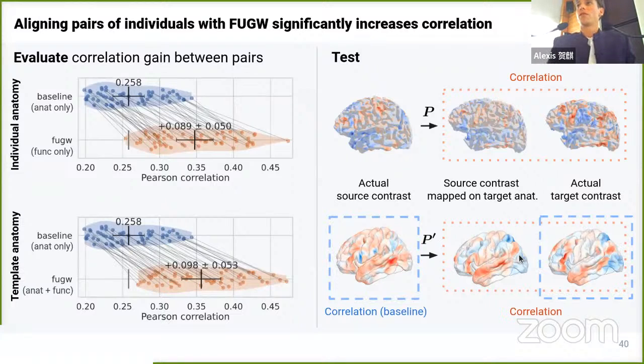Interestingly, we see that for every pair of individuals of the IBC dataset, the correlation between their brains, once they've been functionally aligned, is significantly higher compared to what the baseline would offer in both cases: when we rely on anatomical co-registration at the bottom or not at the top.